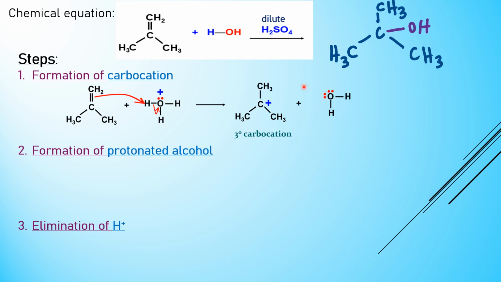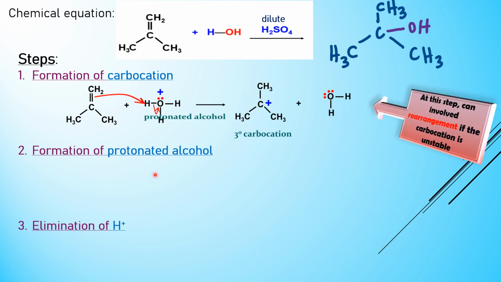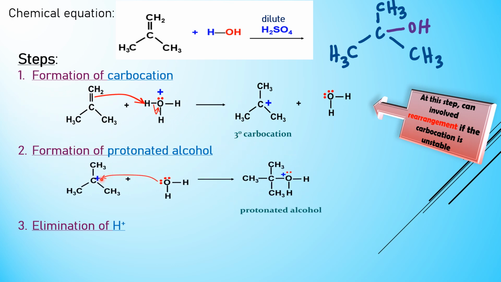The product formed from the first step will continue in the second step. We have said that the mechanism is a continuous process. What happened this time? This time H2O acts as the nucleophile while the carbocation, C plus, acts as the electrophile. This is because oxygen is now electron rich, you can see it has lone pair electrons. So oxygen is the electron-rich site acting as the nucleophile, while the positively charged carbon is the electron-deficient site acting as the electrophile.